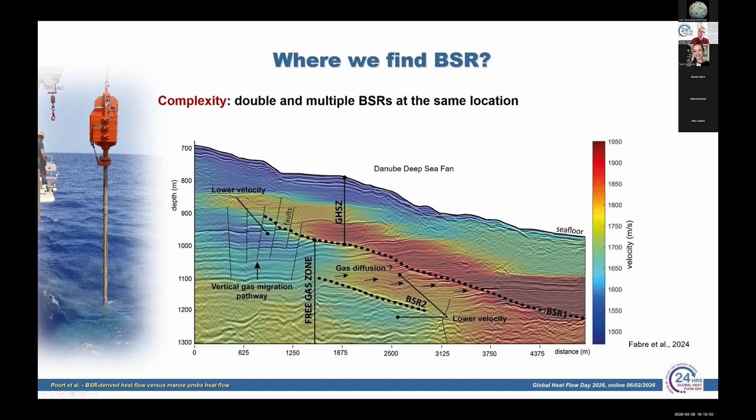According to the studies done there, it is like a paleo BSR, so it's reflecting in situ conditions from previous times, in this case from the last glacial maximum. Here in this area, it is the diffusion of the salt, so a change of salinity in the pore waters that has created a shift of the BSR from one place to another. But there is a delay of the hydrate dissociation in this area, so the second BSR stays in place.